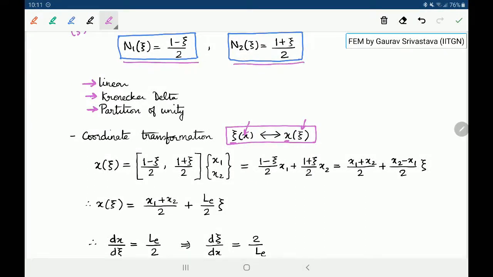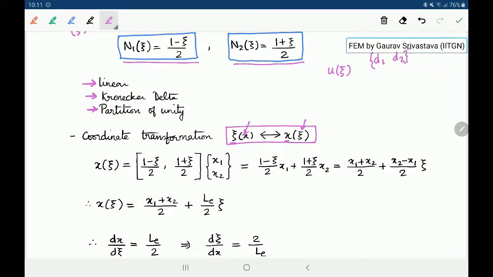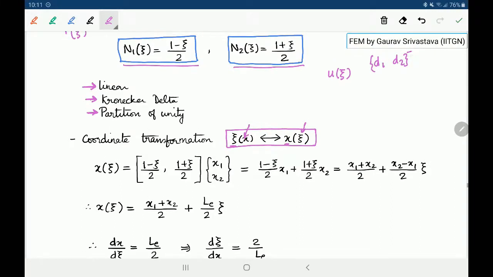Okay, so you may notice that for field interpolation, if we know d1 and d2, which are the nodal values of the field u, we define this as n1 n2 times d1 d2, where n1 and n2 are defined like this.